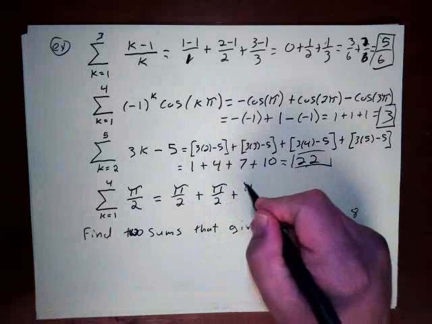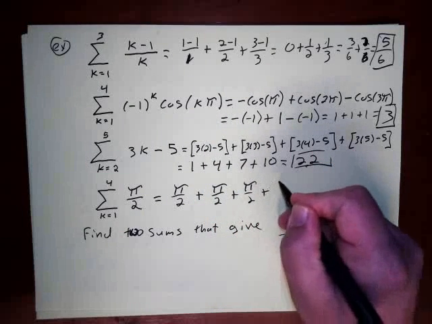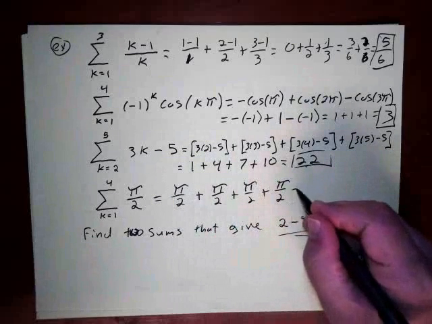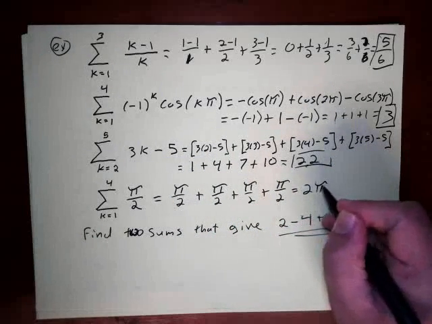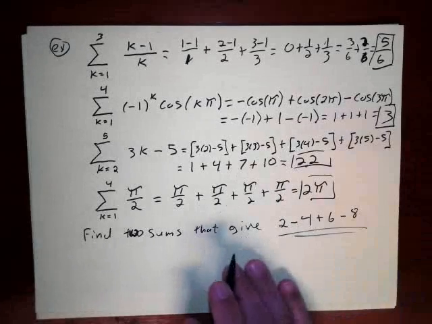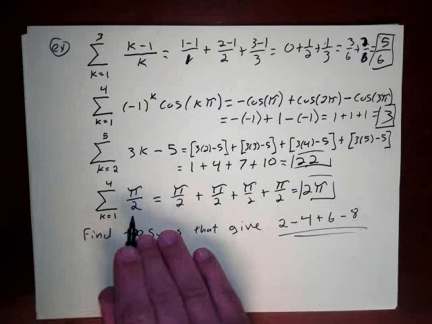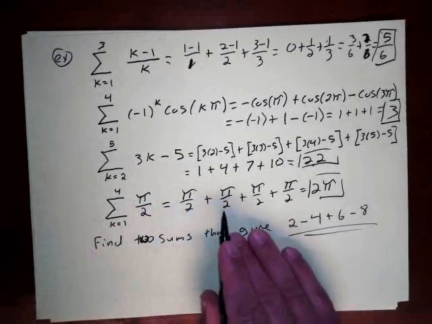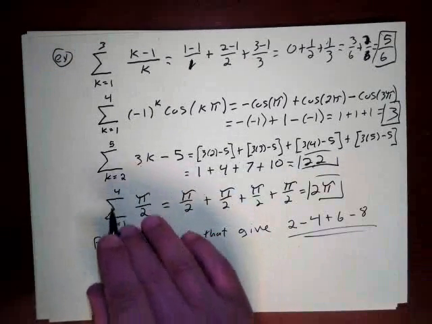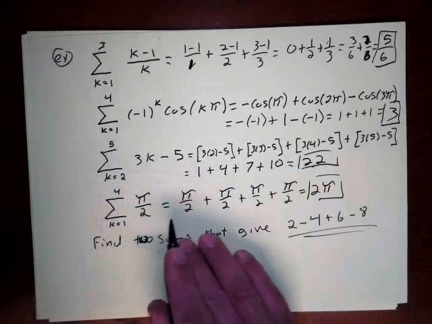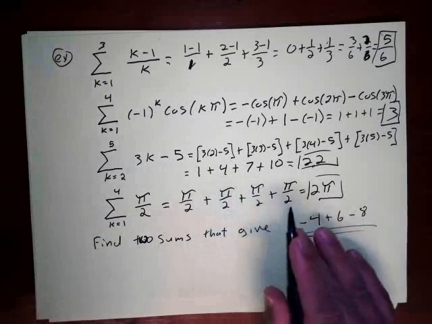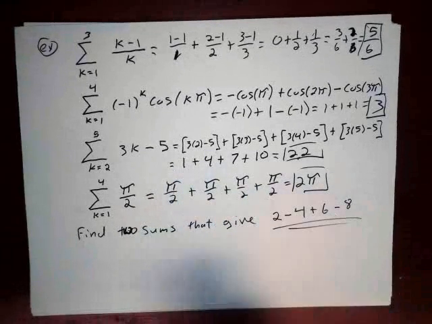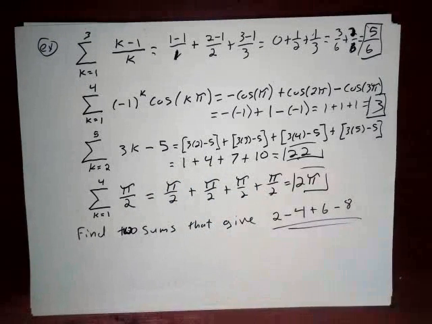The third term is pi over 2. The fourth term is pi over 2. So you got 4 of these, which is 2 pi. Okay, so when it's a constant here, you'll still have this number of terms, but the thing won't change. Okay, and you're just adding the same term up over and over again.